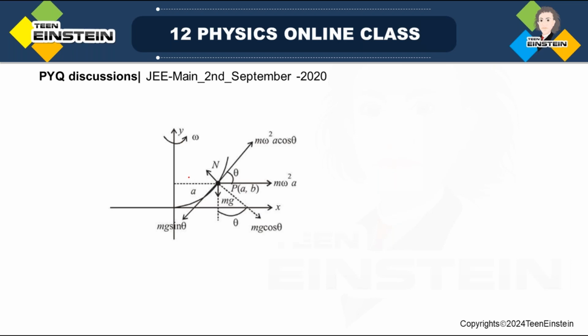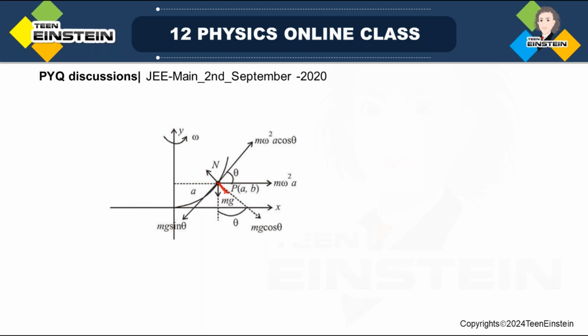While rotating, there are multiple forces acting on this particle. I have to neglect the friction, otherwise there would be many more forces. At this particular position, there is a normal force by the wire on the bead in this direction.